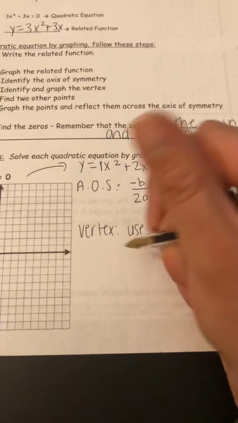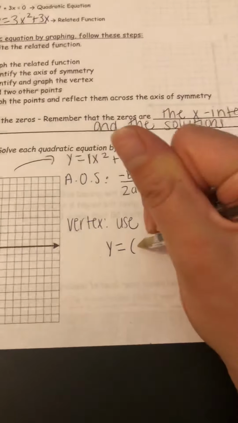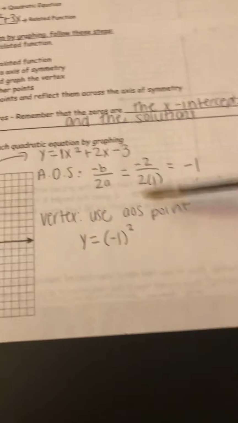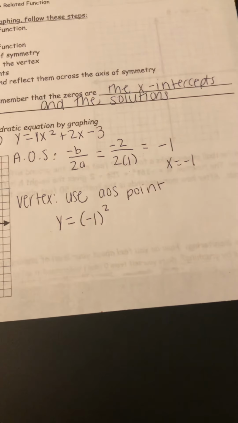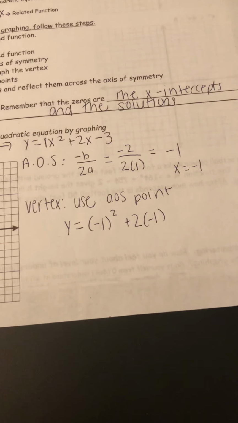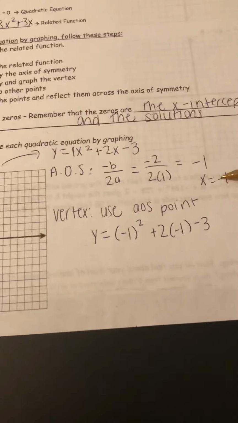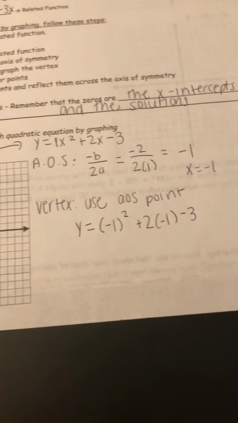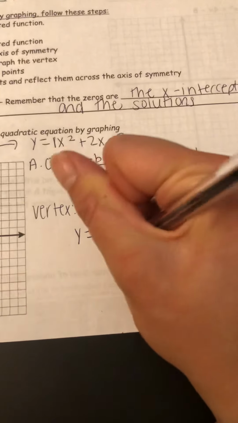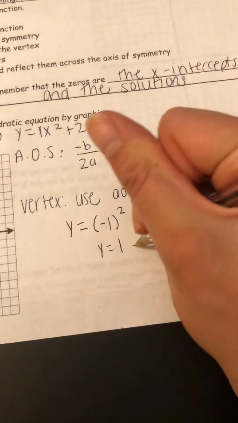So it's going to be y is equal to negative 1 squared. Remember, I put that in parentheses. Plus 2 times negative 1 minus 3. So all I did there was plug the negative 1 in for the x's. Negative 1 squared is 1. 2 times negative 1 is negative 2.